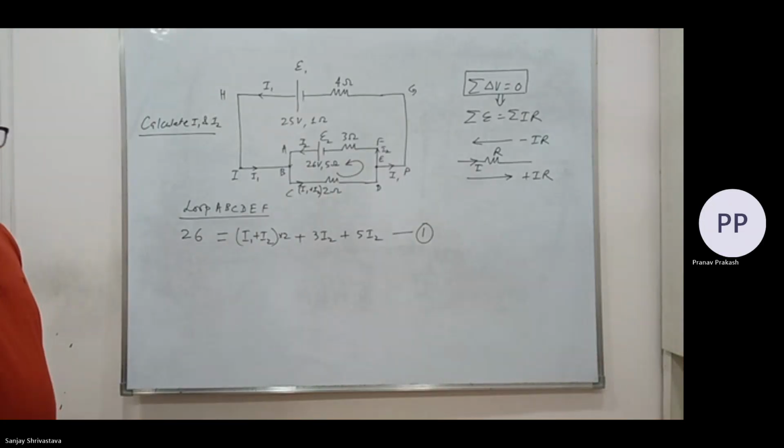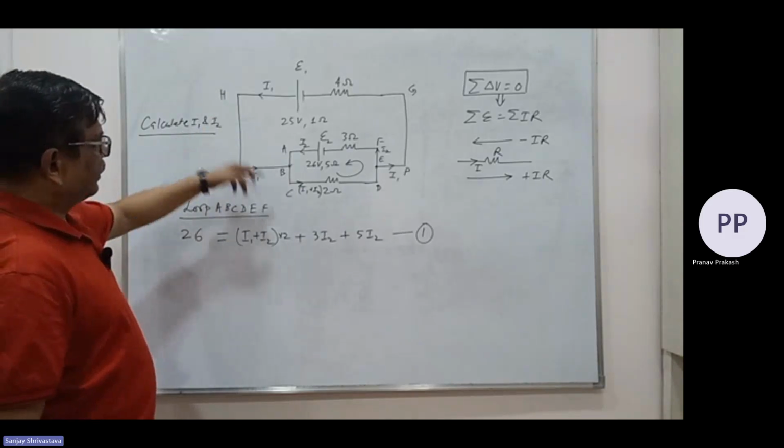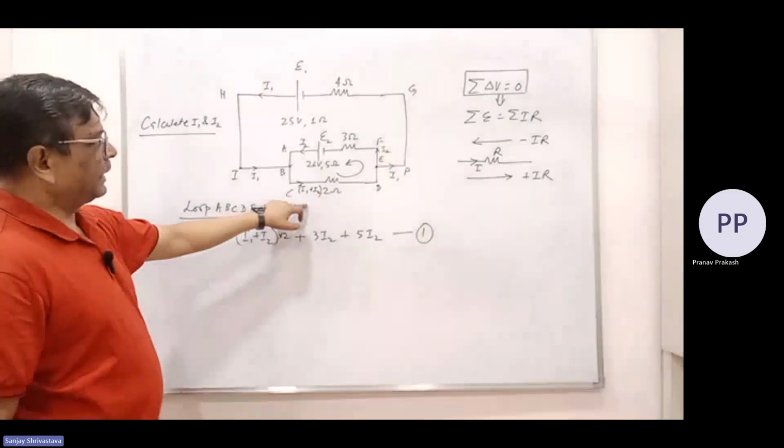Now, for the second loop, I would prefer to take the bottom branch, because the number of elements will be lesser.